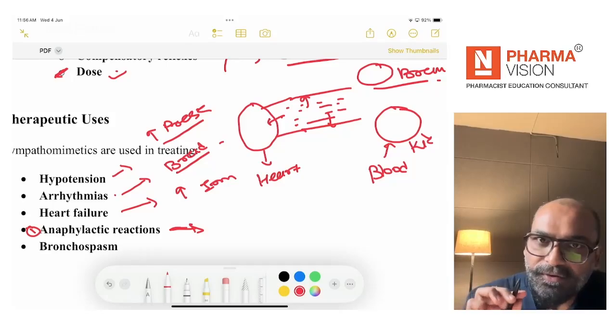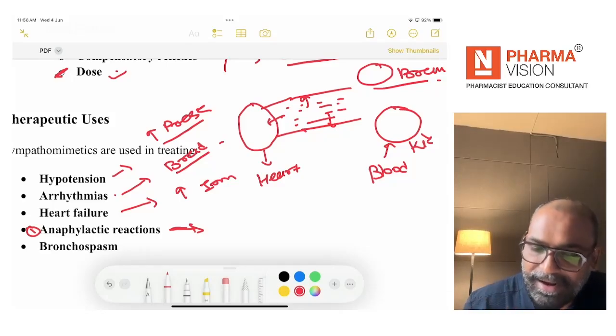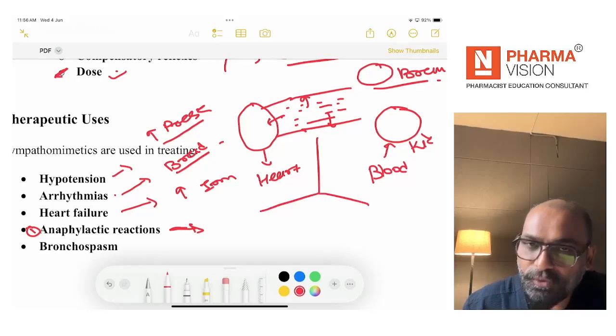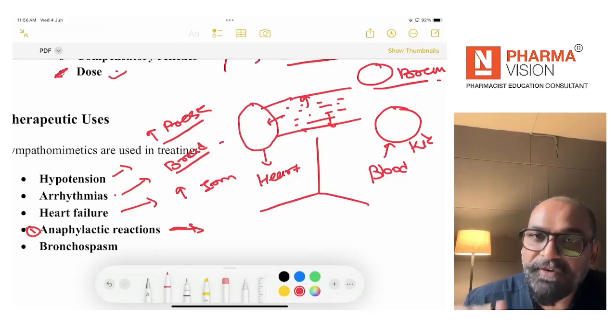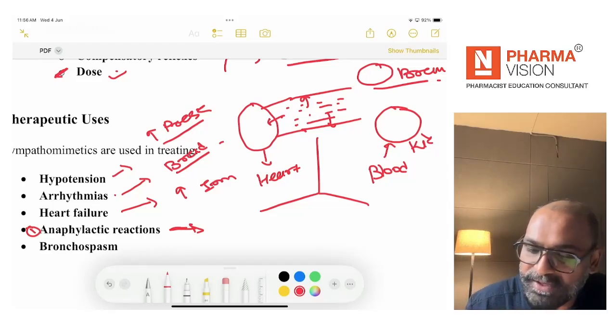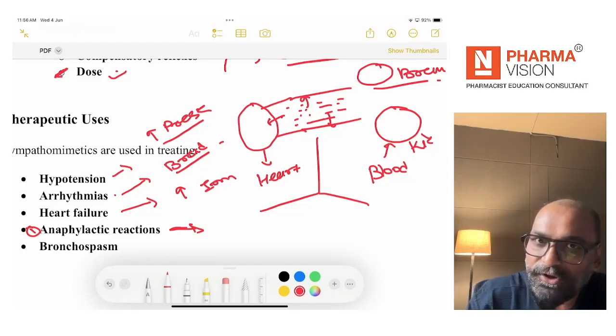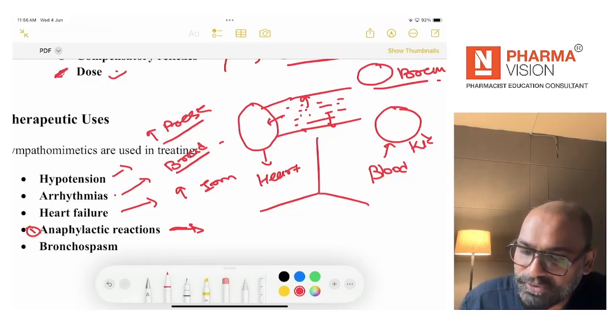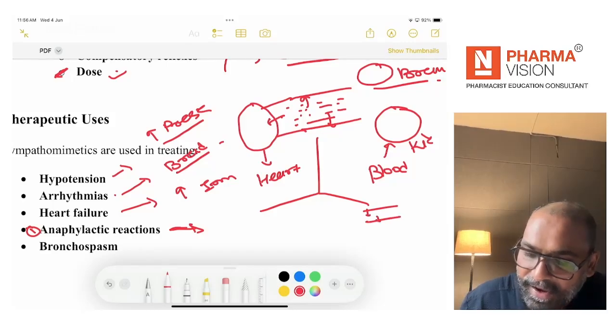So how can we manage this situation? We have two different and unique kinds of expectations. One is a substance that can cause vasoconstriction. So this histamine-induced vasodilation needs to be countered. And the second is a substance that can improve the cardiac outflow.